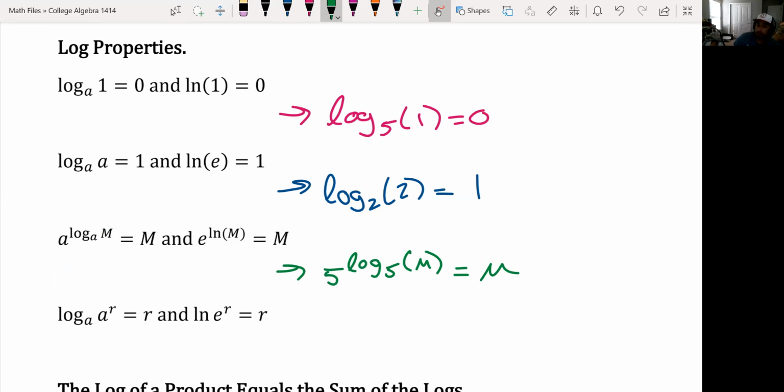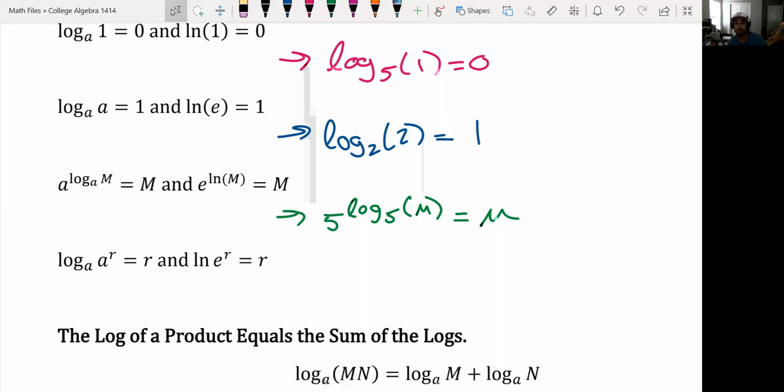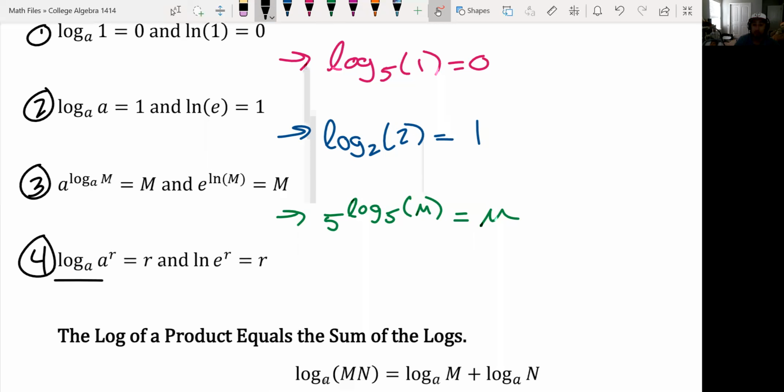Okay, perfect. And then the next one builds off of the second property. I guess I could label these, right? Property 1, 2, 3, and 4. This says log base a of a raised to the r will leave you with r, which builds straight off of this. Log base a of a is 1, and then those will cancel and leave you with r.